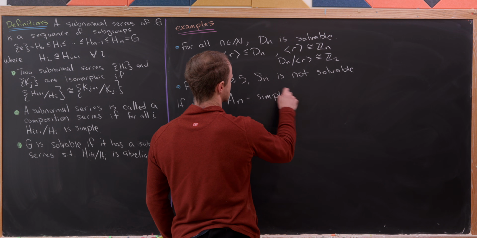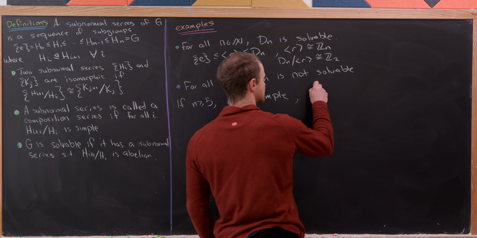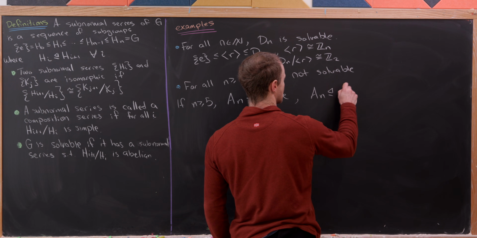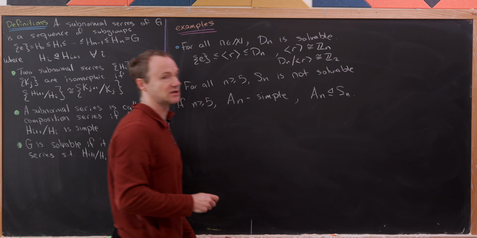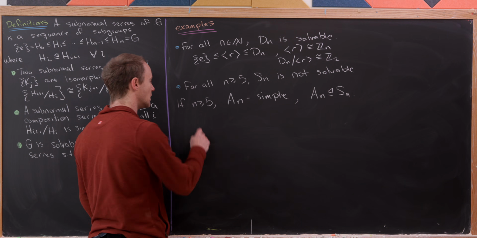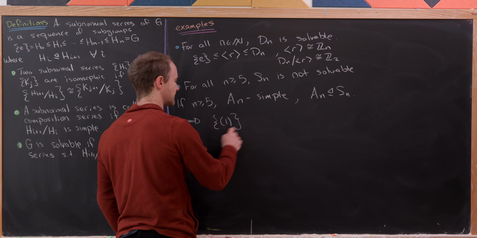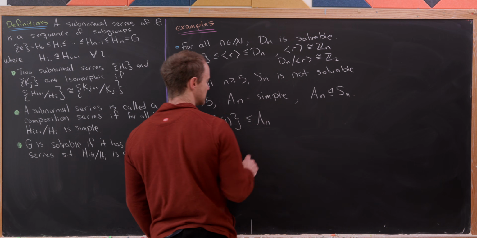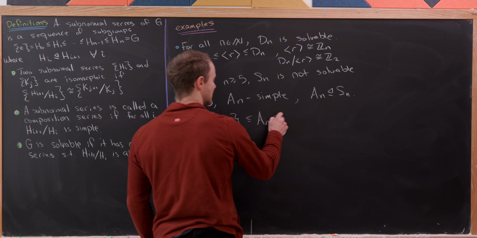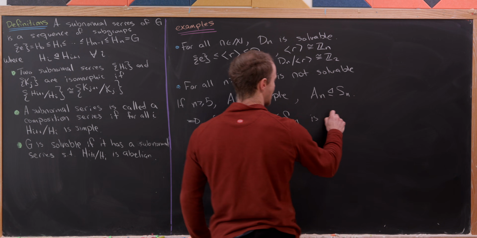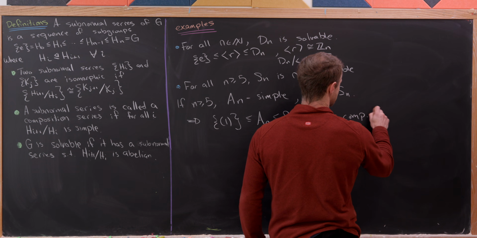That's a well-known result. And then also A_n is normal in S_n. It's index 2. So that tells us that the following, starting at the trivial group, then going towards A_n, and then going towards S_n, is a composition series.